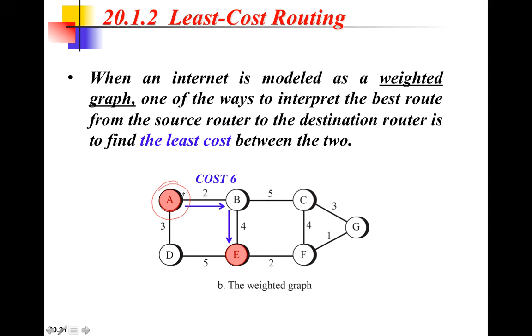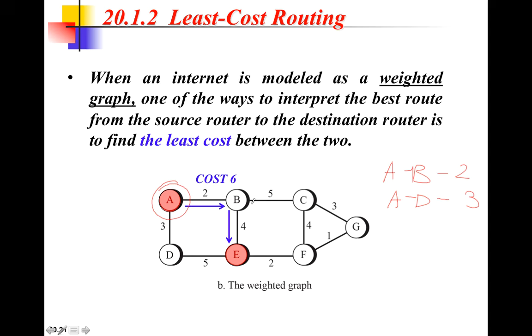For example, we have A to B, the least cost is 2. Okay? Remember one thing, when we are talking about direct neighbors, these will always be least cost. Okay? So A to B is 2, A to D is 3, A to C, what's the best route we have?